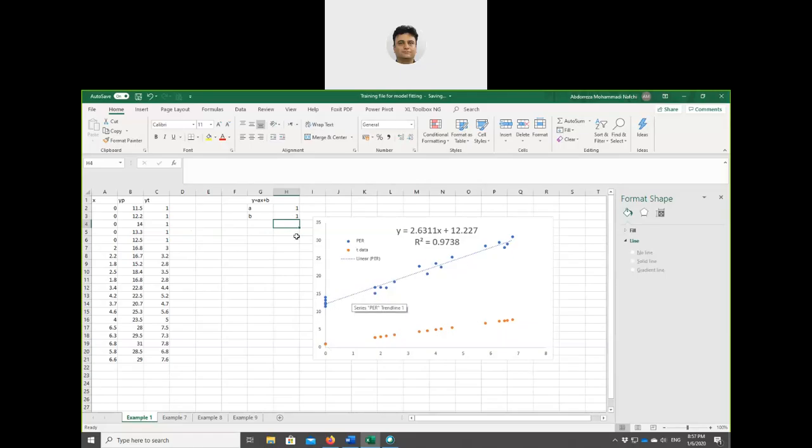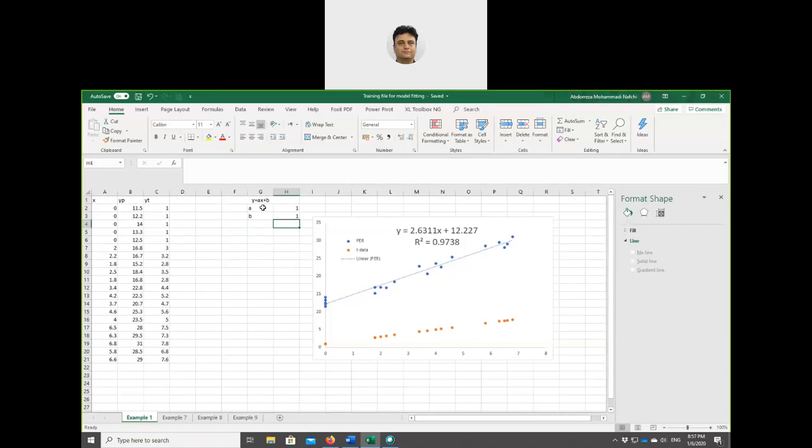How? First we guess a and b. Yt is equal to a multiplied by x plus b. We have some practical data here and some theoretical data here. We want to fit this practical data to this model.